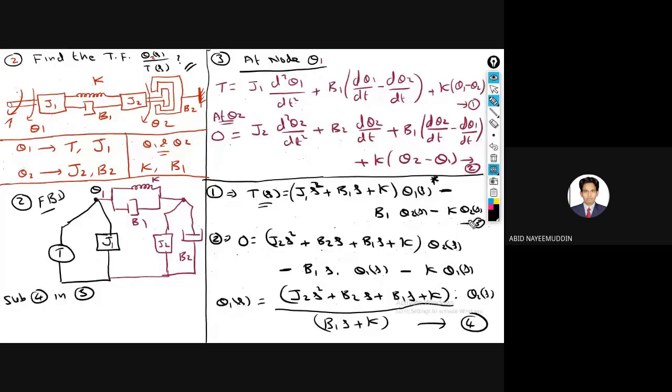So hence you can write the expression for theta 2 of S by T of S. By substituting you will get T of S is equal to J1 S square plus B1 S plus K into equation 4, the fourth equation, and then minus (B1 S plus K) into theta 2 of S. Now taking theta 2 common, you will get the final answer.